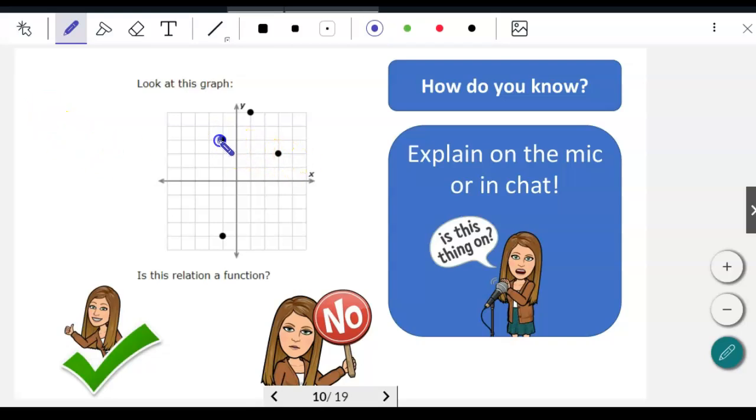So this point here, the x value is -1, and the y value is 3. This one, the x is also -1. So they have the same x value, so it's not a function.